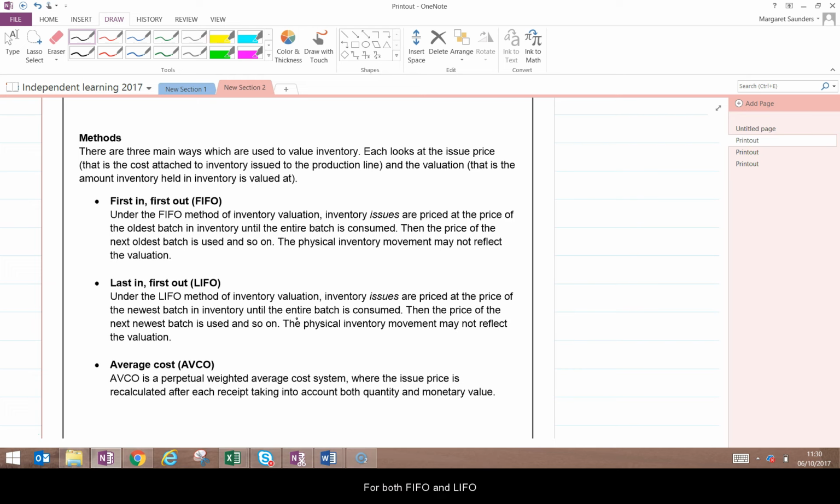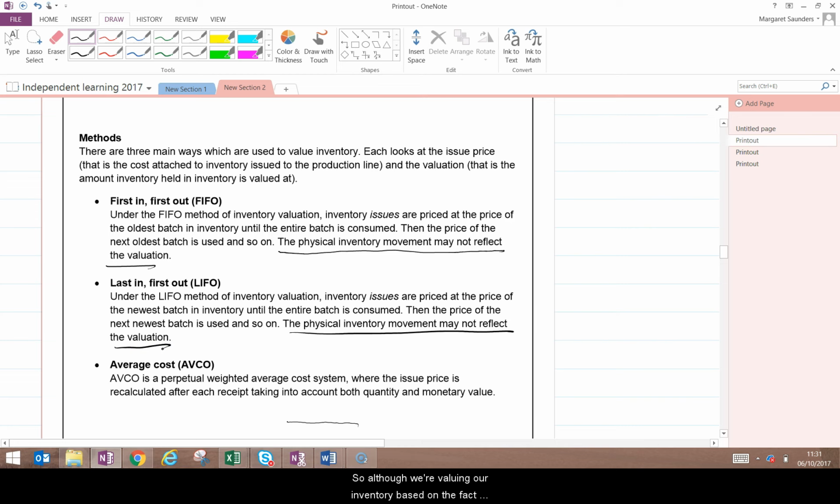Now, for both FIFO and LIFO, important to remember that the physical inventory movement may not reflect the valuation. So although we're valuing our inventory based on the fact that the first items that came into stock are the first items that we're going to issue, in reality what happens within the warehouse may not reflect that.